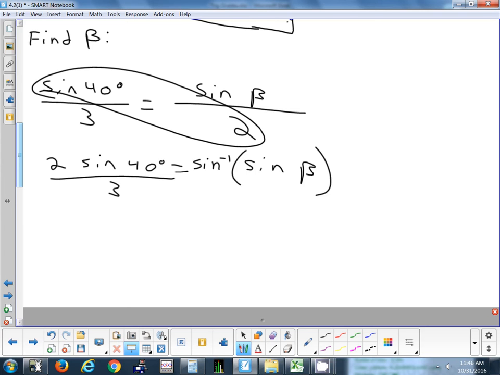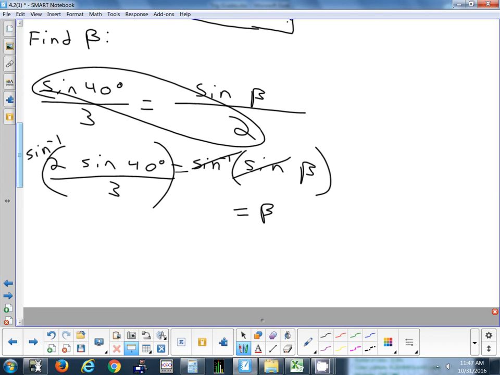Okay, so I'm not multiplying, I'm taking the inverse sine of what's on the right, and I'm taking the inverse sine of all that stuff. Don't try to get fancy and cancel anything on the left, you've got to type it in exactly the way you see it. Okay, on the right though, inverse sine and regular sine cancel out.